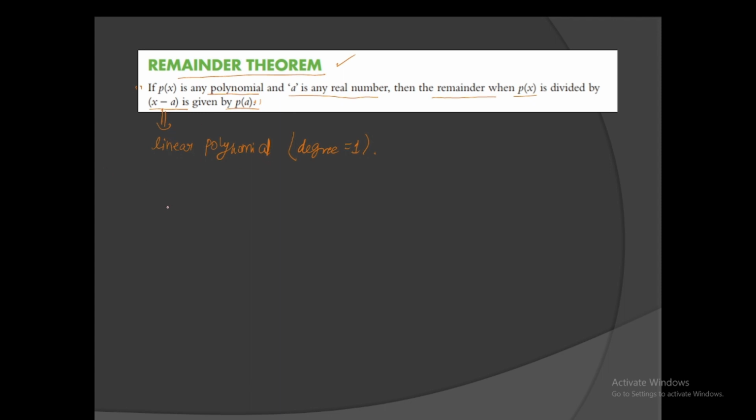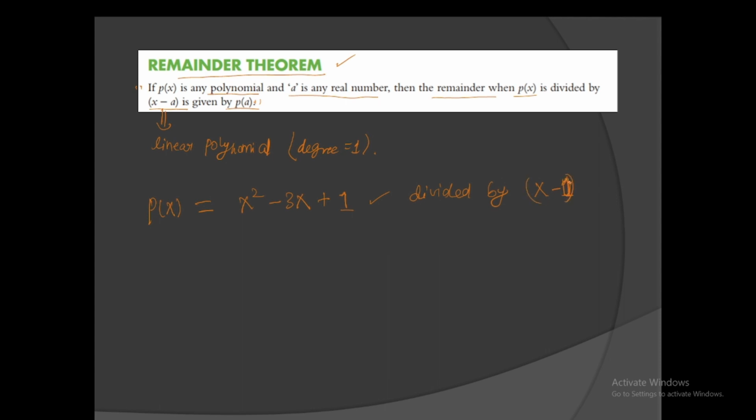So for example, say p of x is equal to x square minus 3x plus 1. This is our polynomial, and we want to figure out its remainder when it is divided by x minus 1.